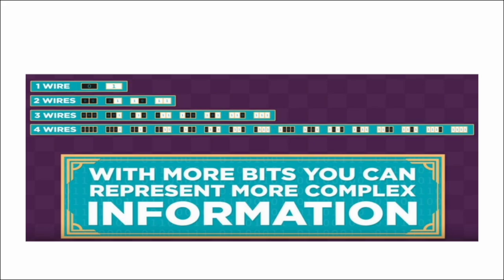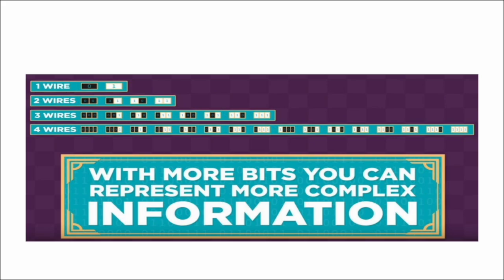All this is data. All this is information. So more and more complex information. Video is more complex than audio and image, and audio or image is more complex than text, right? So to represent these different varieties of complex data, you need more and more space. You need more and more bits, more and more wires, that is more and more bits. So think of each bit as a wire.